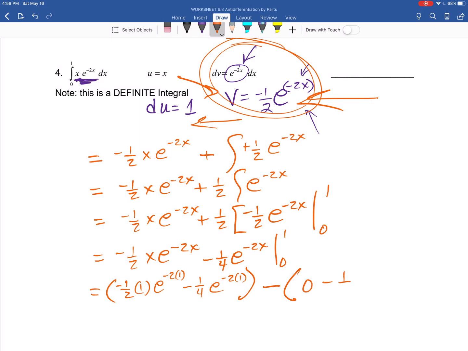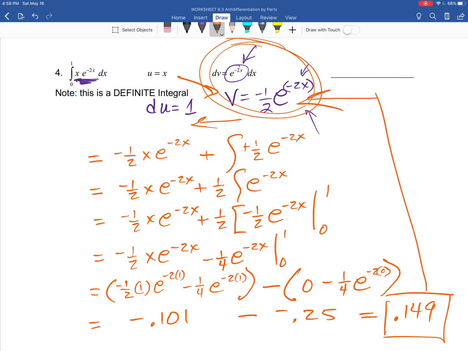Minus 1/4 e to the negative 2 times 0. Okay. Hey, you plug that in your calculator. Here's what you get. Negative 0.101 minus a negative 0.25 for a grand total of 0.149. There it is.